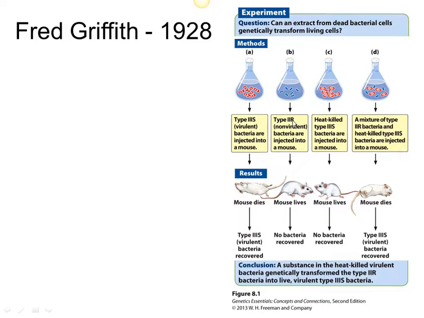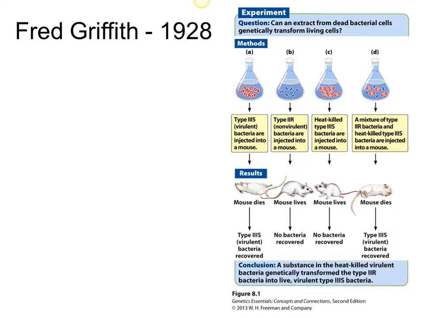And the difference between these 2 strains of this bacterium is that the smooth strain will grow into colonies on a plate that are nice and shiny and smooth. And the R strain will grow into colonies that are lumpy and not shiny and rough. And so it was a visual distinction between the 2. But also, what we know now is that the smooth strain has an extra capsule surrounding the cell that the rough strain doesn't have.